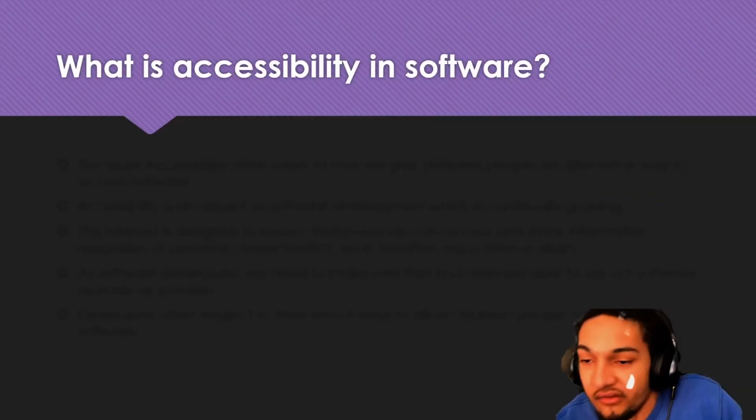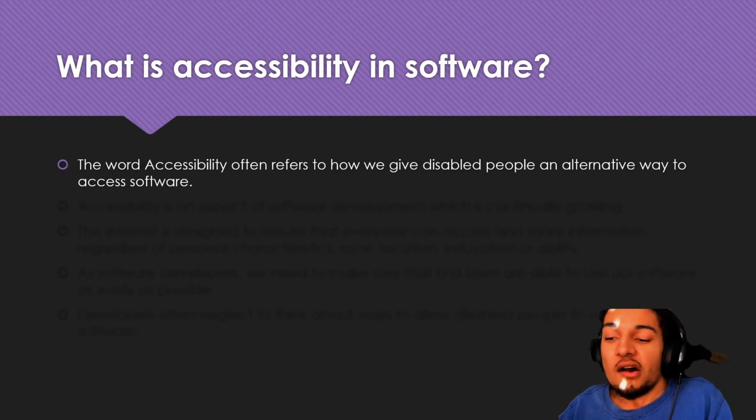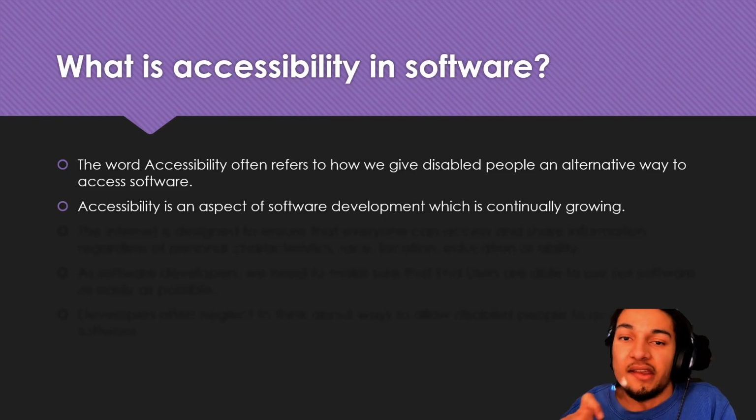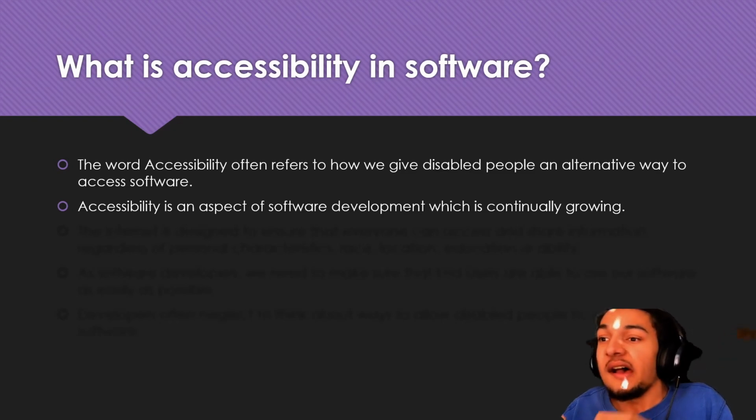So let's talk about accessibility in software. When we talk about accessibility, we often are talking about how we as developers give disabled people an alternative way to access software. It's a part of software development that is continually growing and developing, and there are lots of new methods continually being developed and added into specifications, which I'll go into a little bit later.